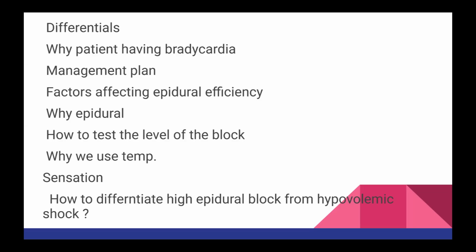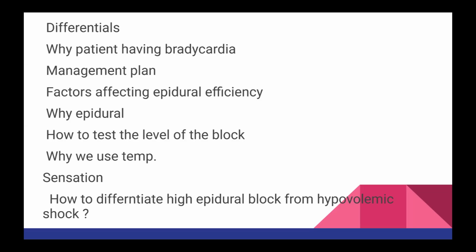But when you are testing temperature, we can test it with ice packs or with ethyl chloride spray. If we keep an ice pack or spray the ethyl chloride, the patient will say there is no sensation at that level, and that is how we know the level of the block.